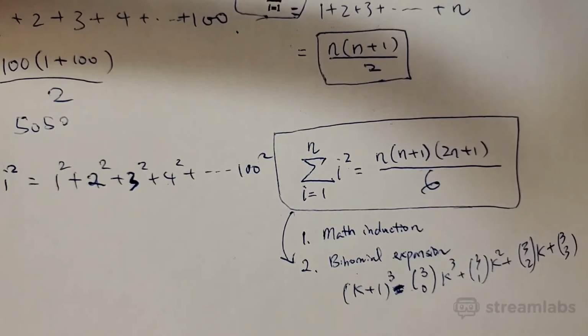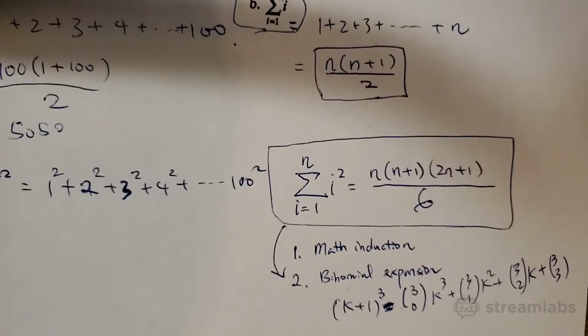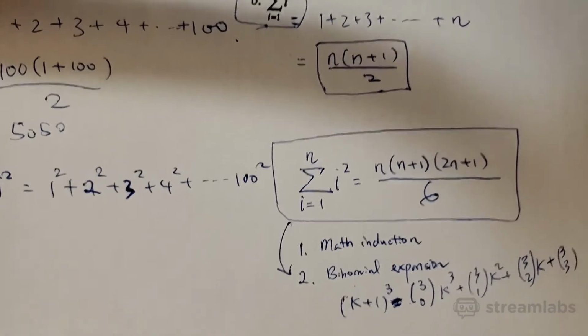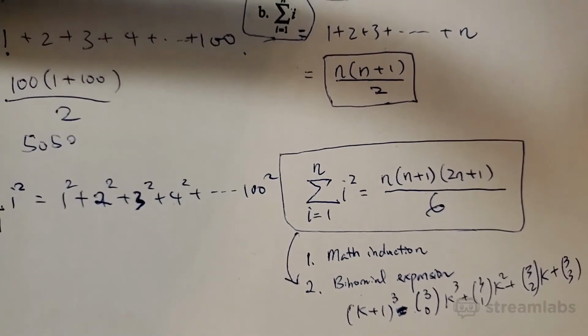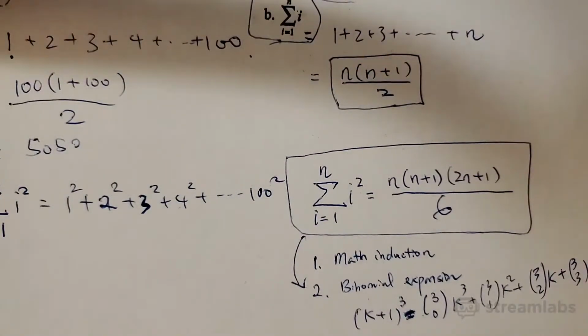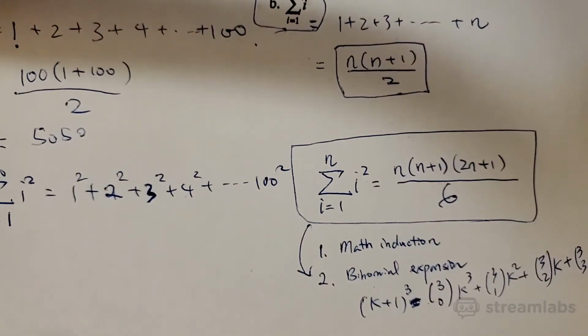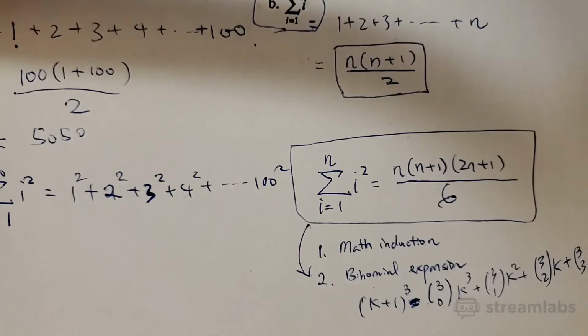That's called binomial expansion. I think we did that maybe, I don't remember when, but it's in Algebra 2, something like that. But anyway, if you're interested in how to prove that, you can look it up.